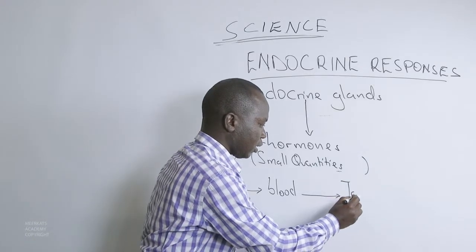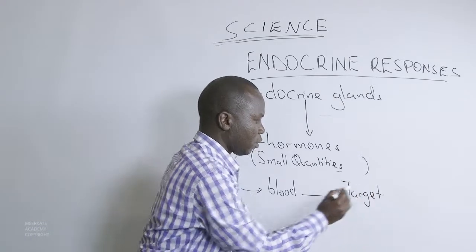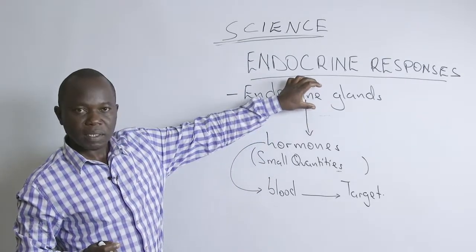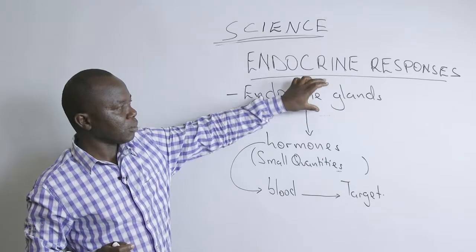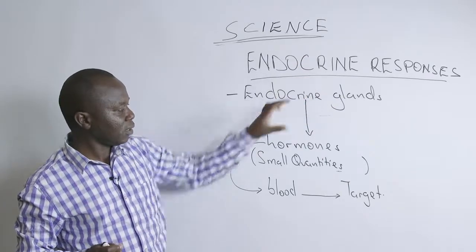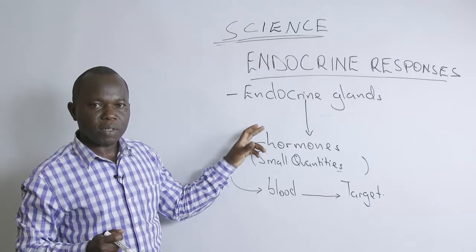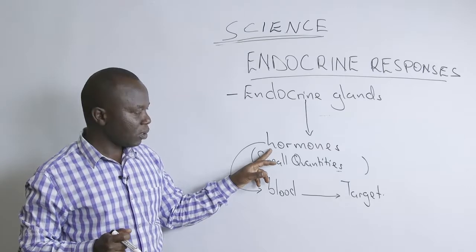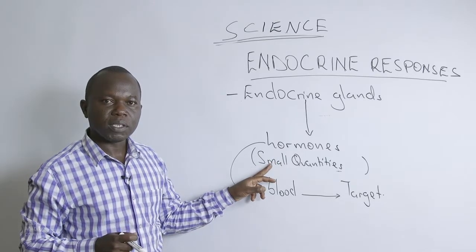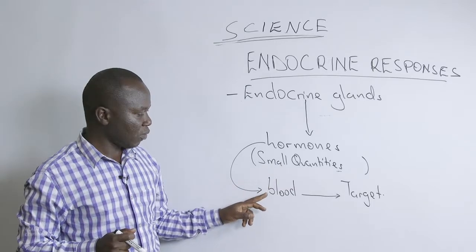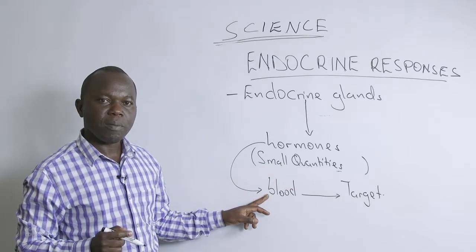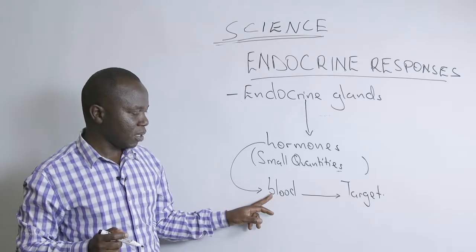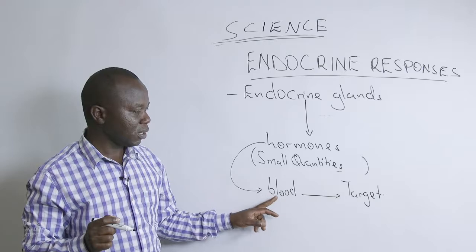So there are two important ideas that we should get: in the endocrine responses, it is going to involve endocrine glands that, upon detection of a stimulus, are going to secrete hormones in small quantities. After release, the hormones will diffuse into the bloodstream, in other words, the circulatory system.